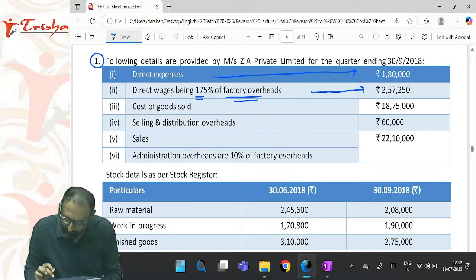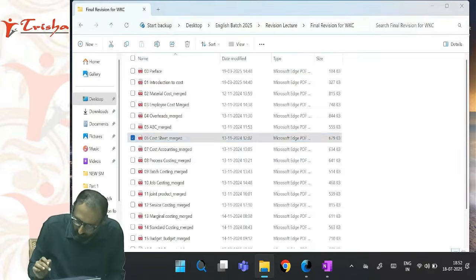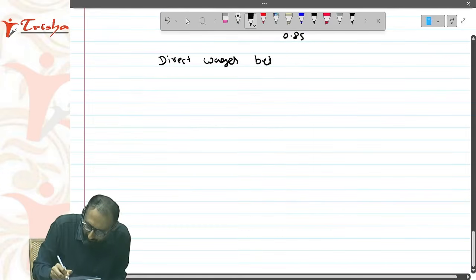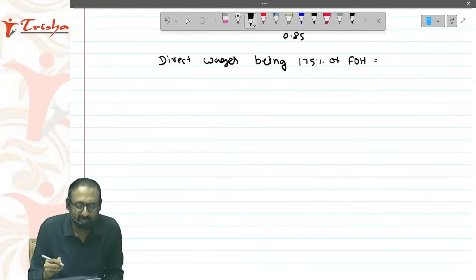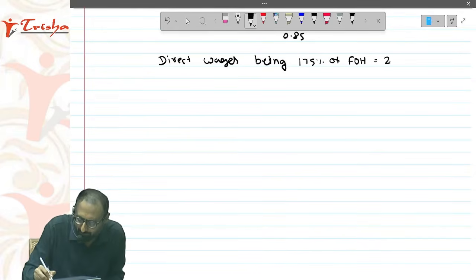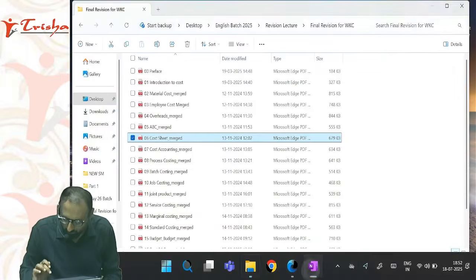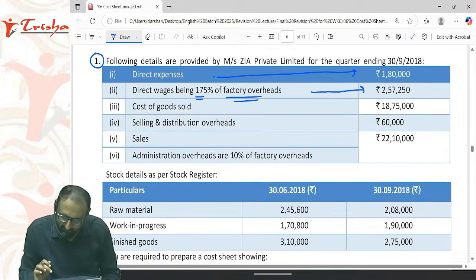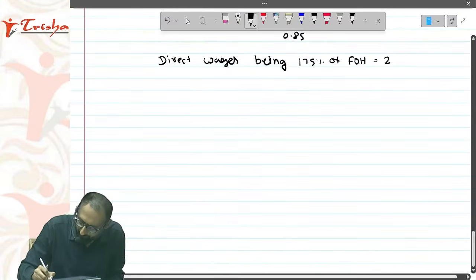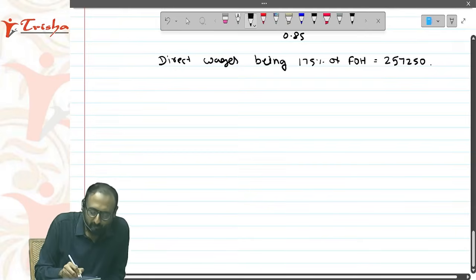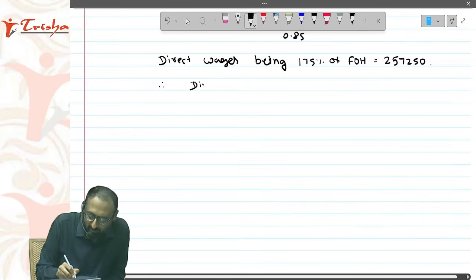Direct wages being 175% of factory overhead. How much is the amount of direct wages given in this question? 2,57,250.